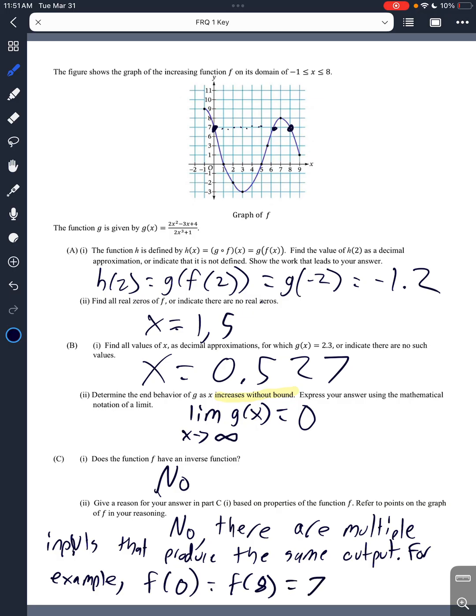And this is just saying 0, 7 and 8, 7 are both on the graph. They have different inputs, but the same output value of 7. There are a bunch of different ways you can word this for C2. I think when I showed you this earlier in the year, I phrased it differently. We did it with points, but I think this way is a little faster to write. As long as you give specific examples from the graph, you are fine.